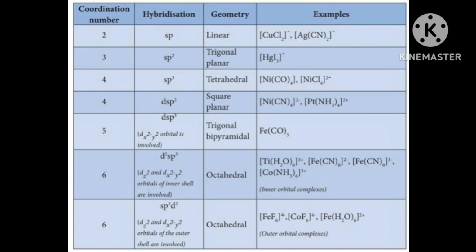Then now total 6. Now 3 d orbitals are filled with 2 electrons each. Out of 5 orbitals, 3 orbitals are now filled completely and 2 are vacant.